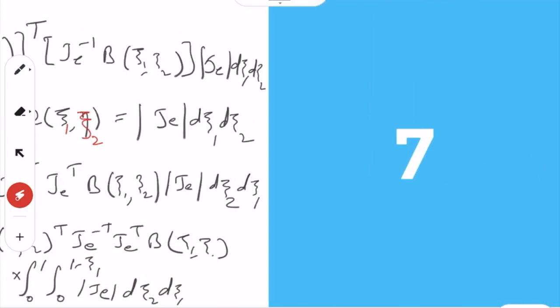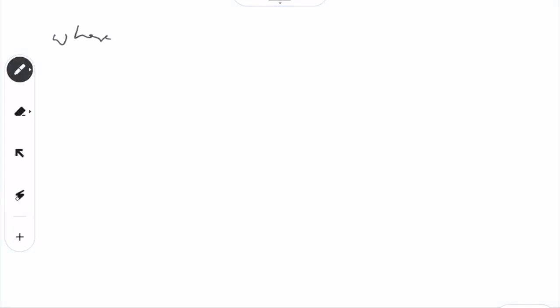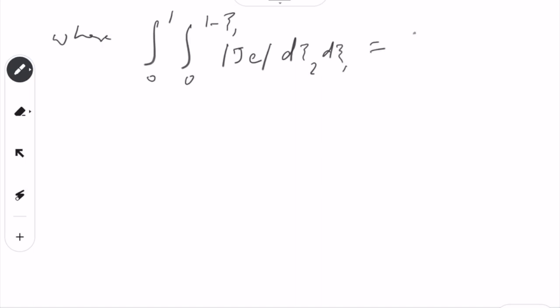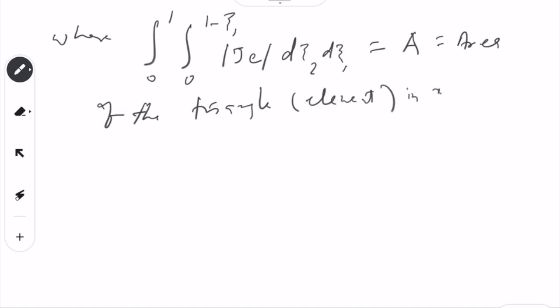Where the integral from 0 to 1, 0 to 1 minus xi 1, J d xi 2 d xi 1 is equal to the actual area of the triangle, which means the element in the xy system. So this is how you do it.